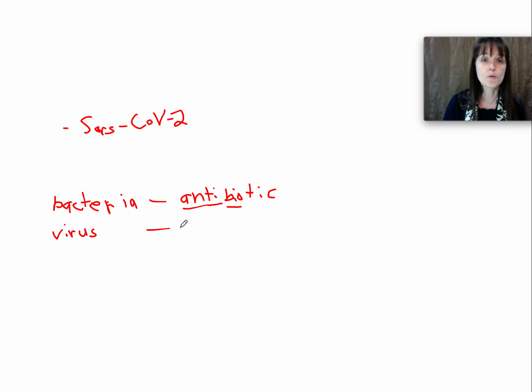People who take it for lupus or other autoimmune disorders like RA aren't also taking that antibiotic that increases the QT interval. So it's a bad combo. Okay, so for viruses that we have medicines for, they fall in the class of antivirals.